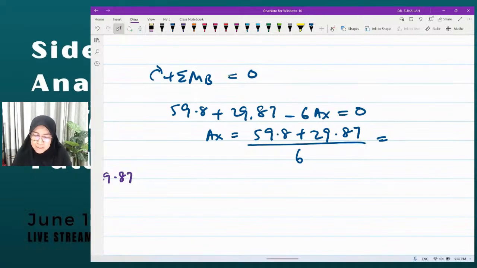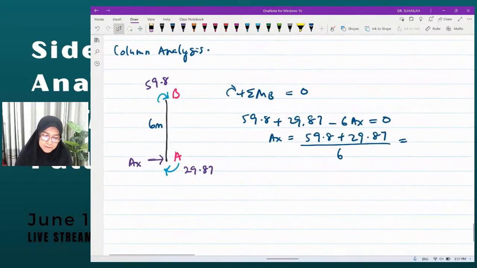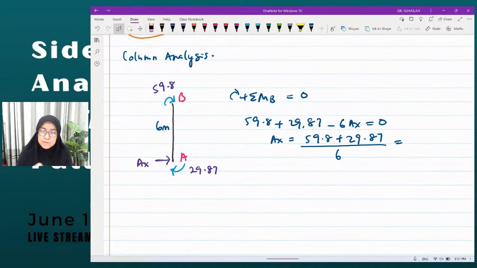What is the answer for this? 59.8 plus 29.87 divided by 6. This is column analysis.